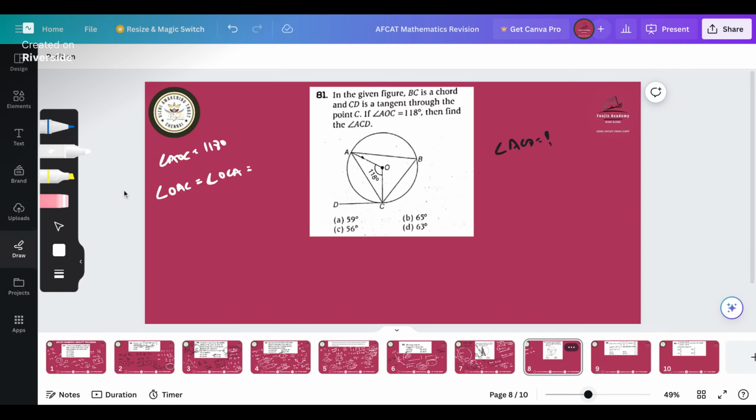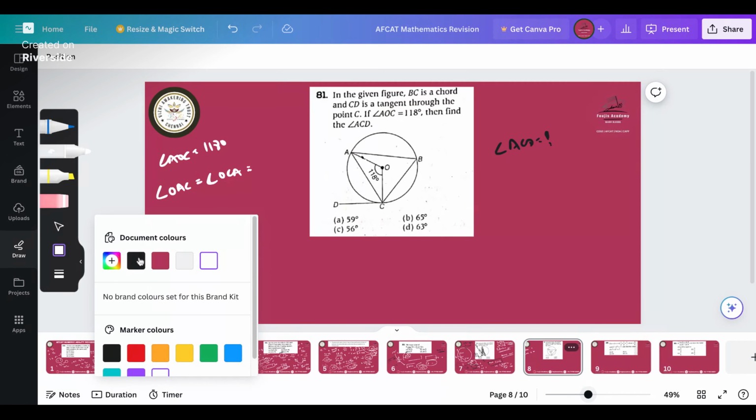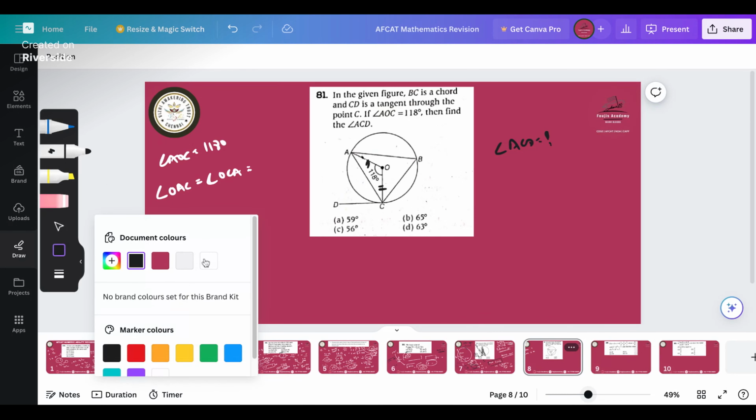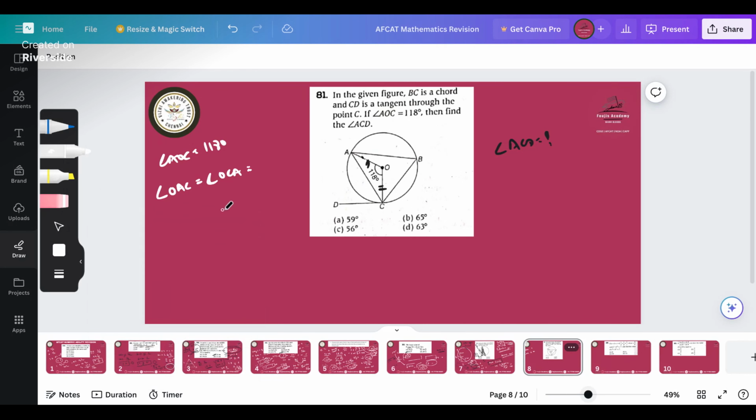Because AO and OC are radius. So that's why angle OAC is equal to angle OCA, which is nothing but 180 degree minus 118 degree divided by 2, right? So 180 minus 118 is 62, divided by 2 is your 31.